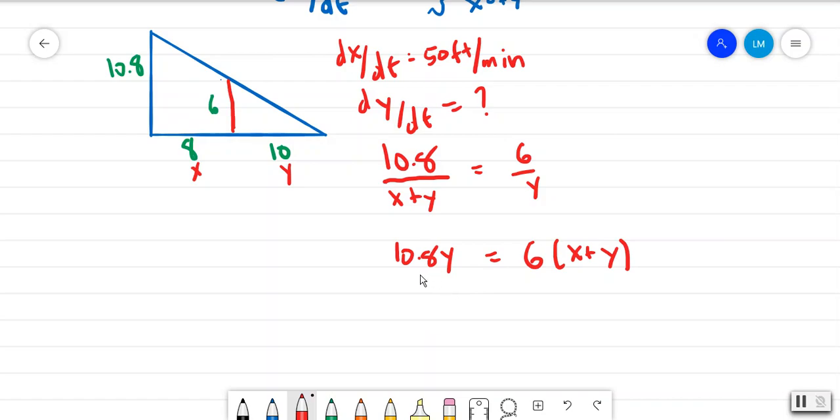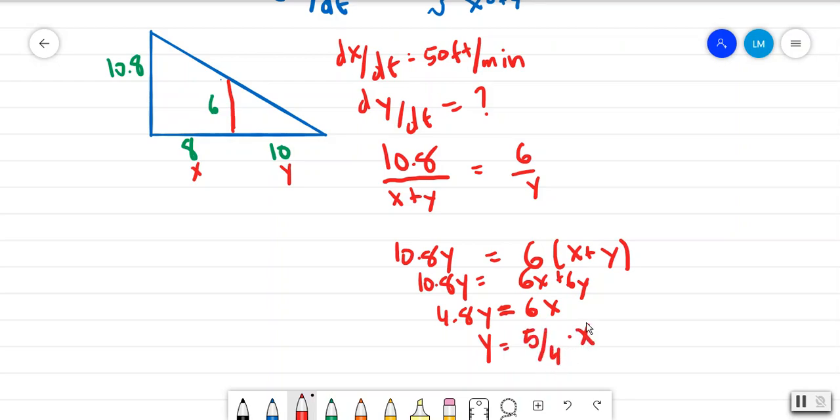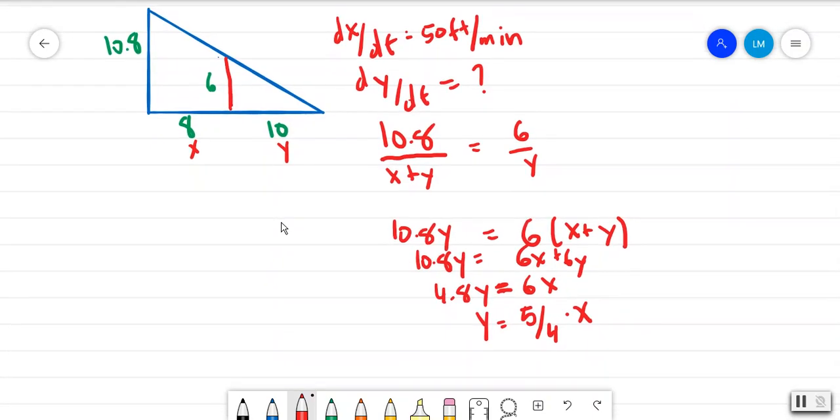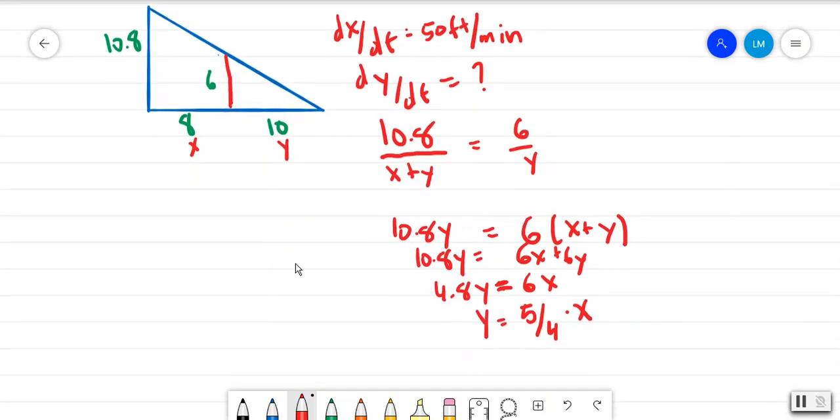So you have 10.8y equals 6x plus 6y, which gives 4.8y equals 6x. Now, if I solve for y, I end up with 5/4 times x. That's telling me the ratio of the distance from the base of the pole and the cast shadow.